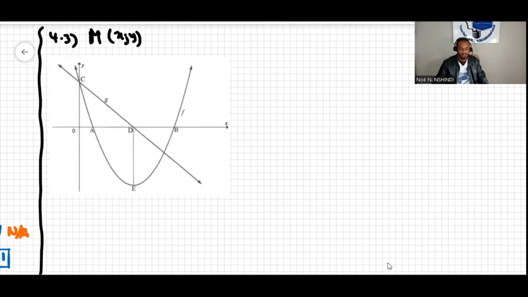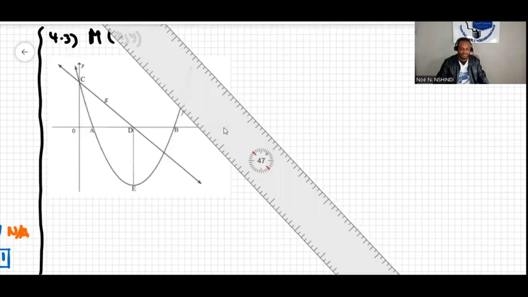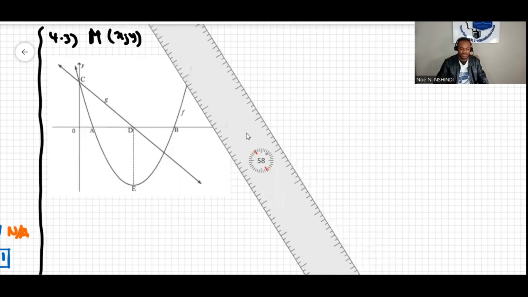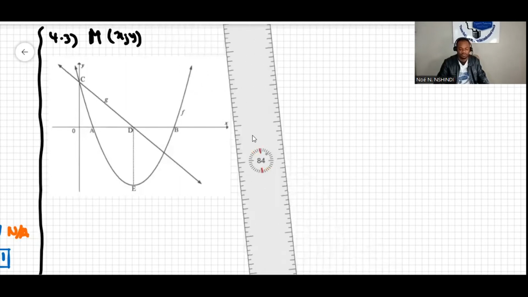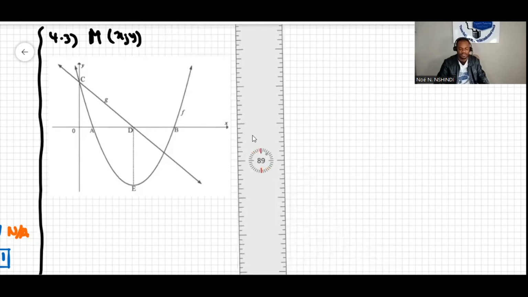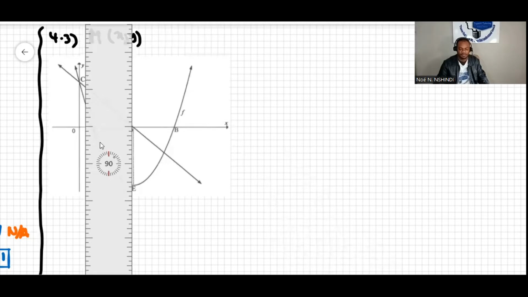Now I can extend this. The line of symmetry is the line that passes through the turning point. So we already have it there. Let me extend it.